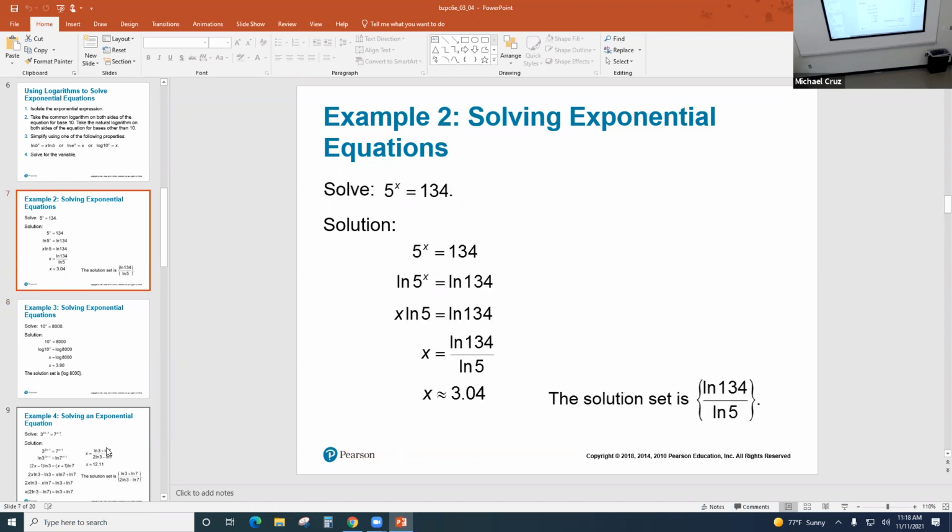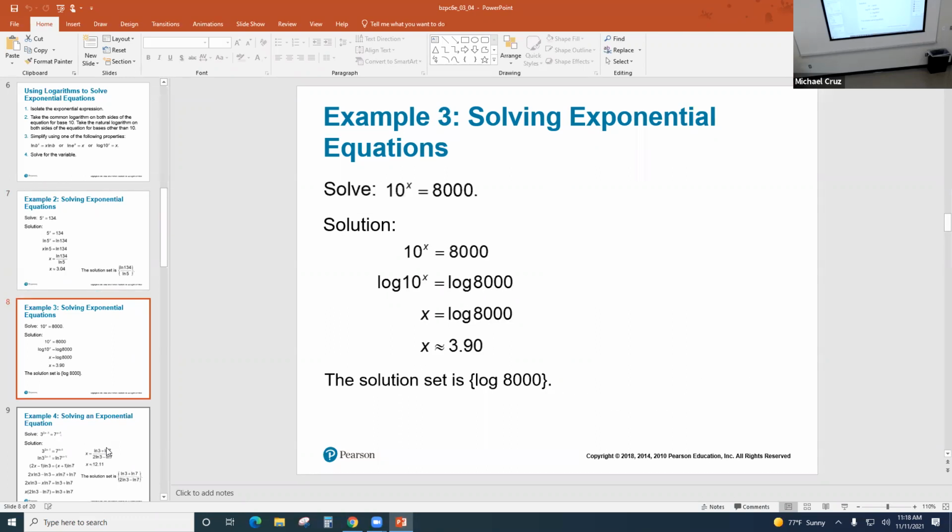This just simply undoes that 10 to the x power, because this is log base 10 with a power of 10. So those two undo one another, and you just get the x out.